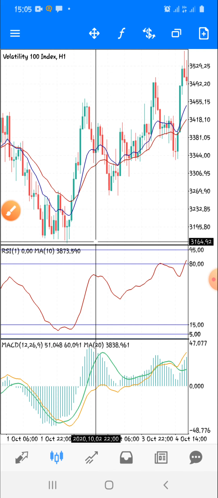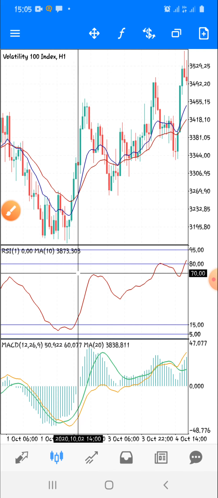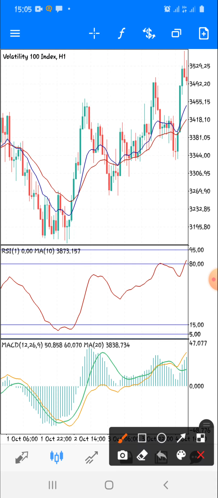So whenever one is trying to trade here, you see what I'm talking about. The signal line crossed later and the MACD line crossed earlier.